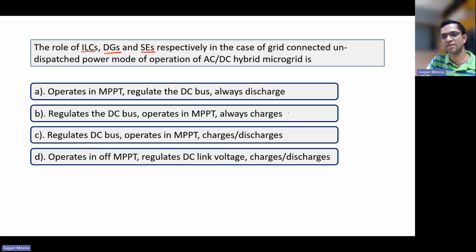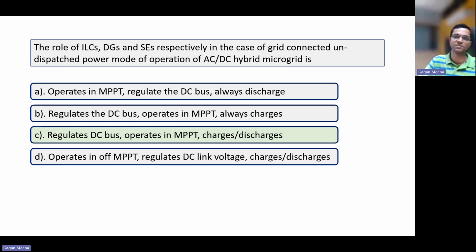Between these two options, this one is not correct because it cannot always charge. It can only charge when SOC is less than 90%. Once it reaches 90%, it will not charge. Therefore, it can charge or discharge. This is the correct option.